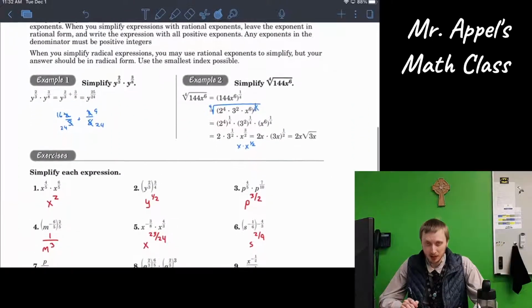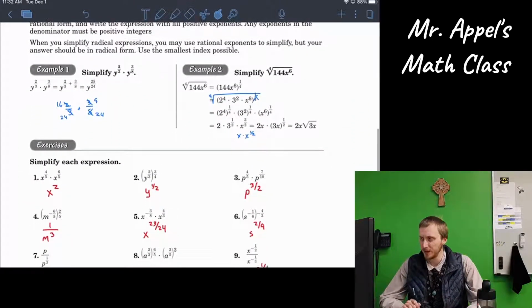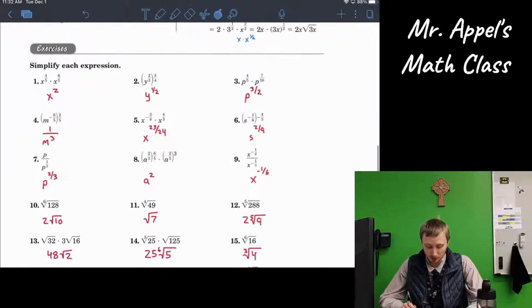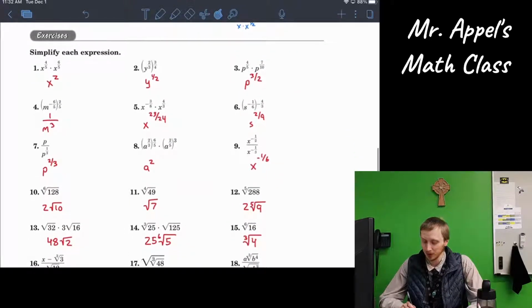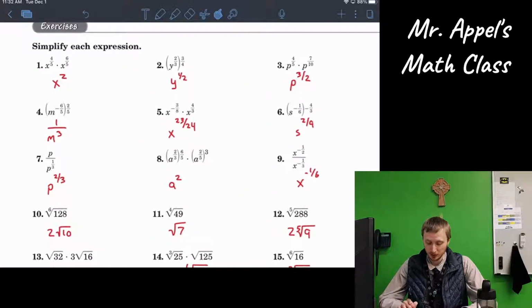And on to the second page, when we start throwing some variables into it, not just numerals. A little bit bigger, there you go.